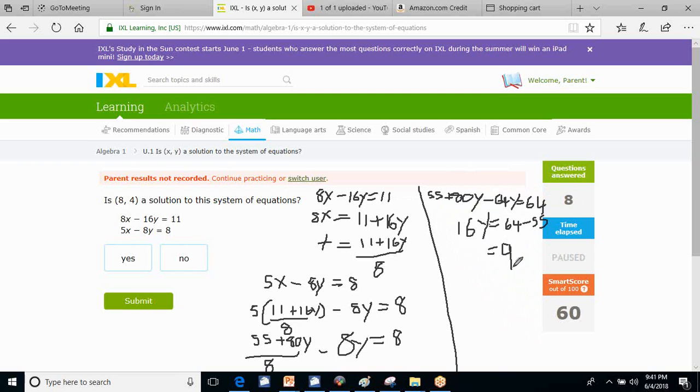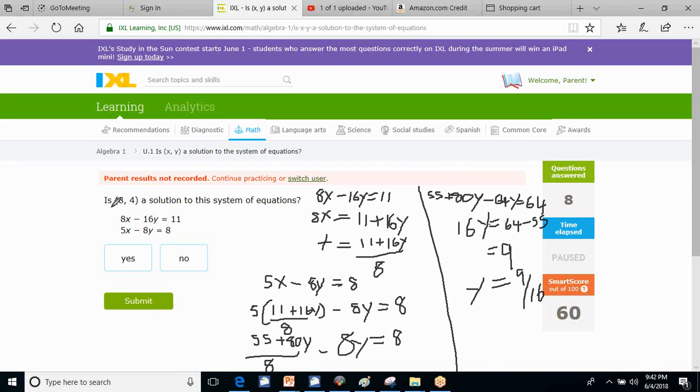So that's 9. So 16y is equal to 9. So therefore y is equal to 9 divided by 16. And then if you want x, you just plug y into that and get x.